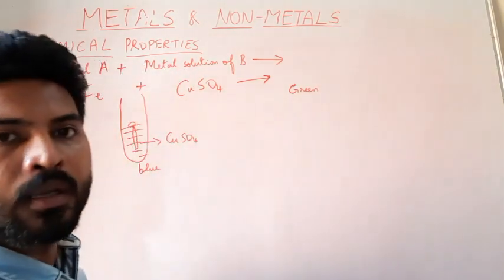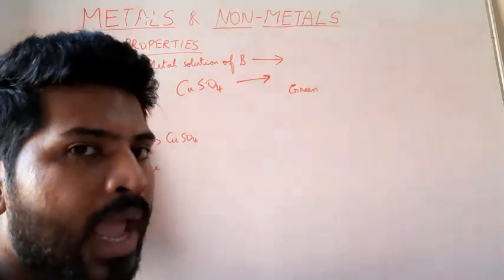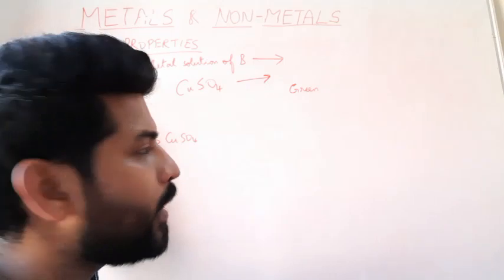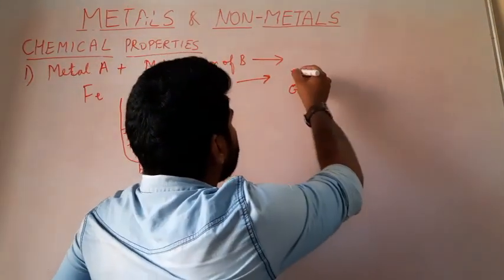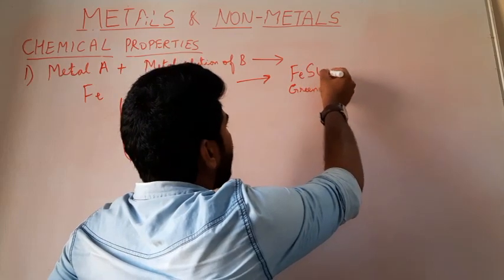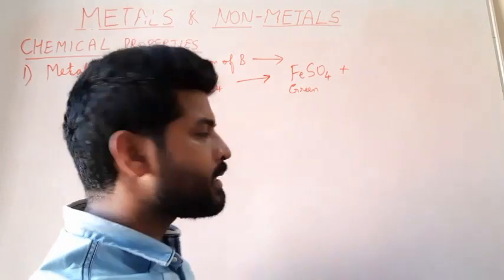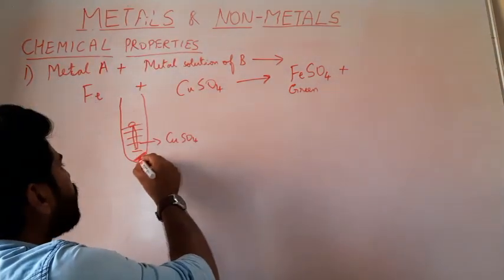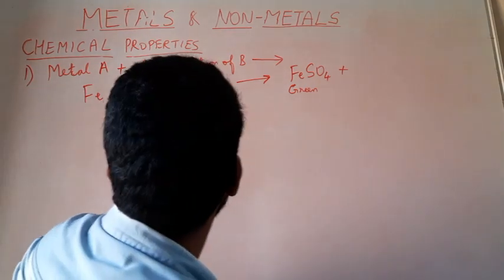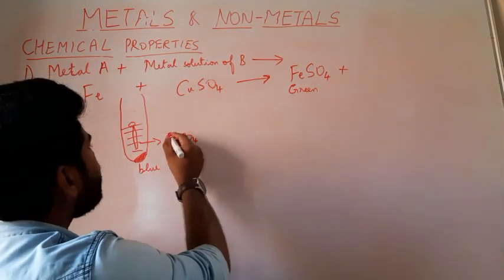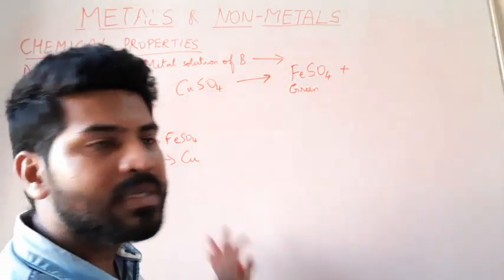This is because iron, being more reactive than copper, will displace copper from its solution, and it produces ferrous sulfate, and copper is seen at the bottom of the test tube as a sediment. So CuSO4 will turn into FeSO4, and reddish brown deposits can be seen at the bottom.